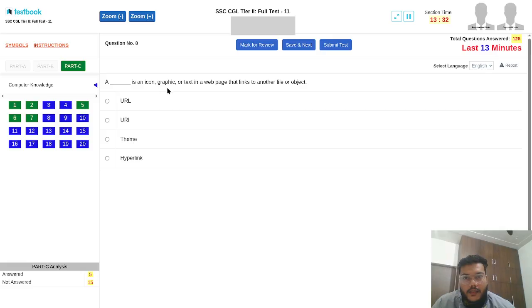A dash is an icon graphical text in a web that hyperlink, which is another name for the personal digital assistant, a small computer that can be held on top of the palm. Analog. Which of the following is electrical paperwork used to track computer activity? Cookies, paper log.